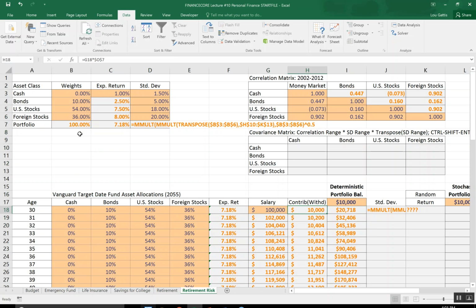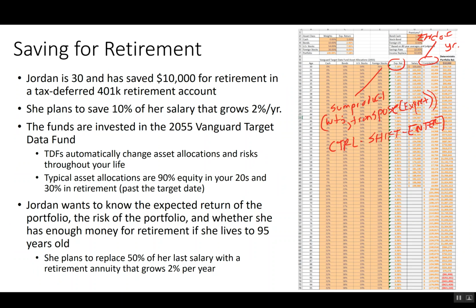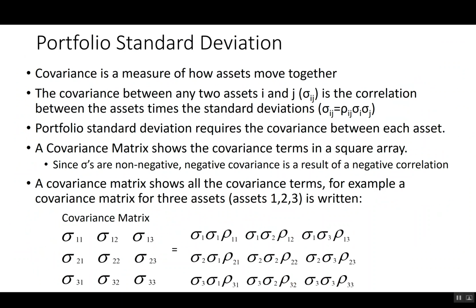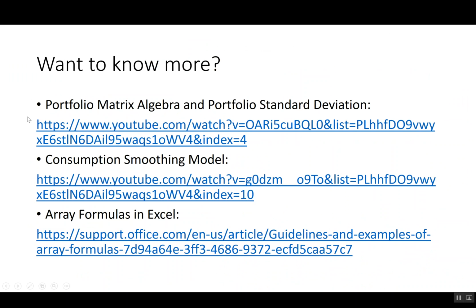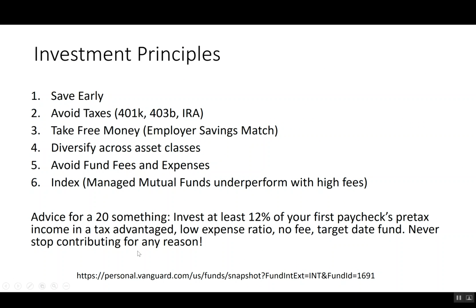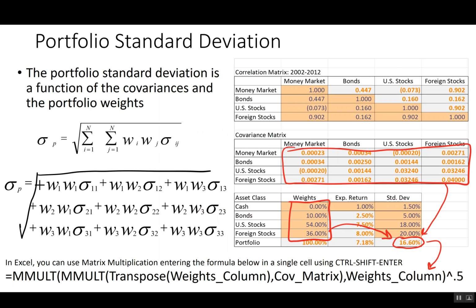Now I'm going to go through this kind of quickly, calculating a portfolio standard deviation. If you're interested in the topic, look at the textbook. Also, take a look at my other videos. One explains how I calculate the portfolio standard deviation using matrix algebra, and one explains this little trick where I create a covariance matrix. But let me go back into the spreadsheet and do this.